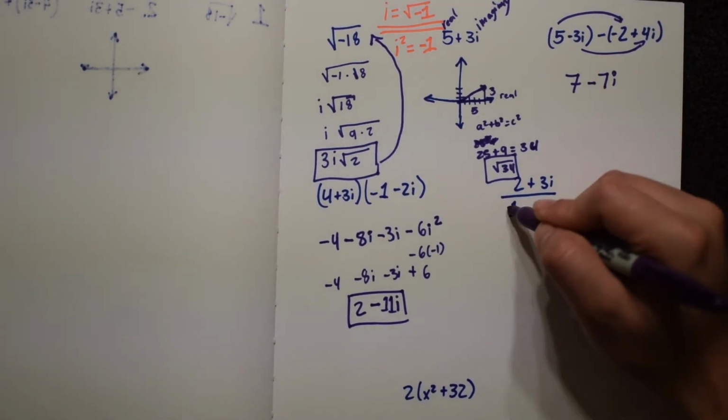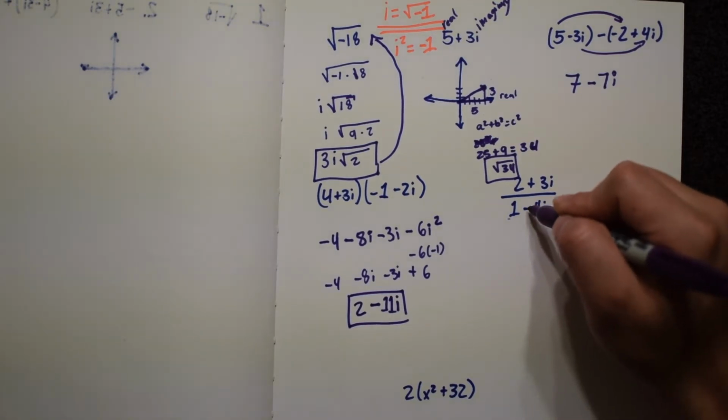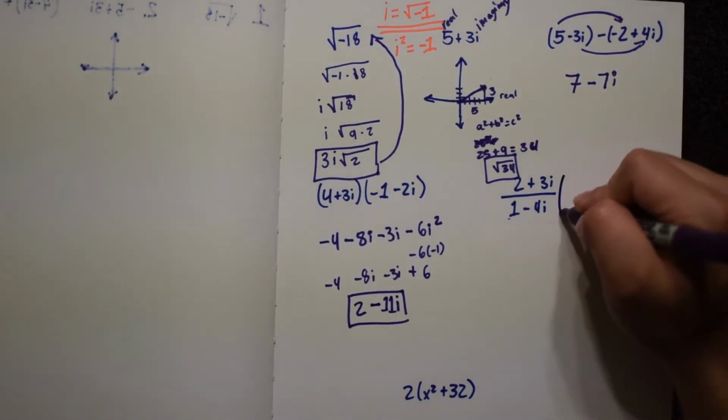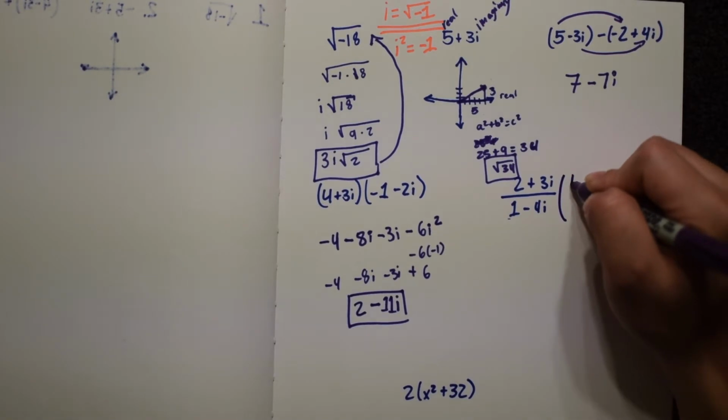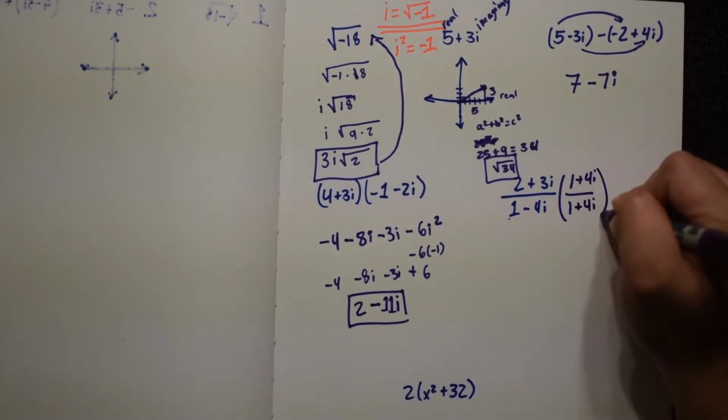The conjugate just means that you're going to take your imaginary or your complex number and switch the sign in the middle. What do I mean by that? I'm going to multiply this by 1 plus 4i divided by 1 plus 4i.